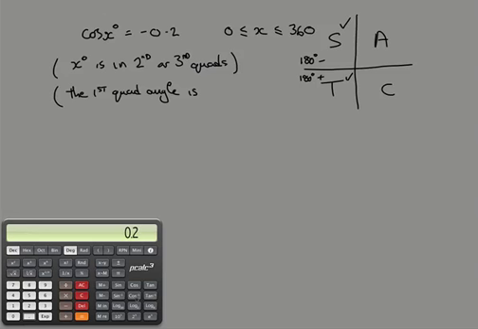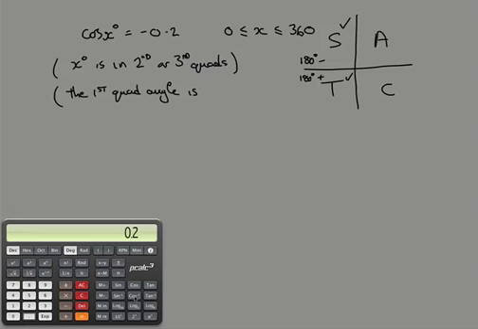So pressing this will give me the angle whose cosine is 0.2. However, the mode is important. I don't want to be in radian mode, I want to be in degree mode. You'll know with your own calculator how to change mode between degrees and radians.